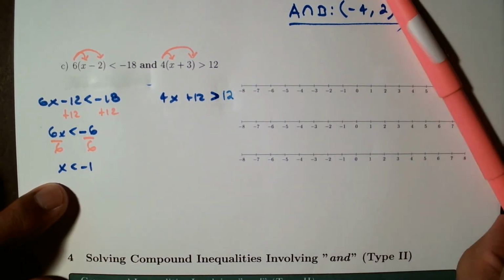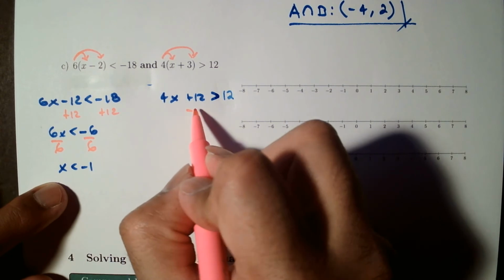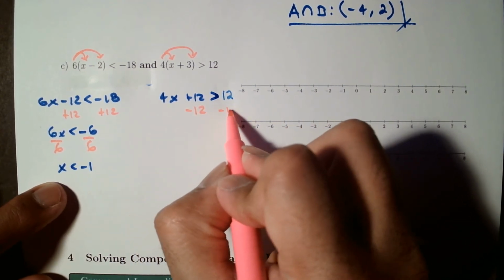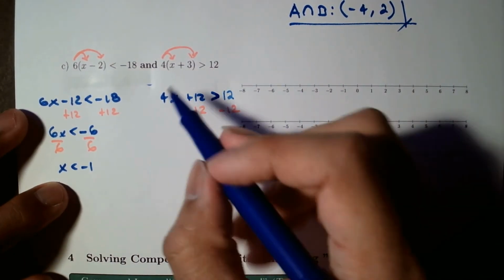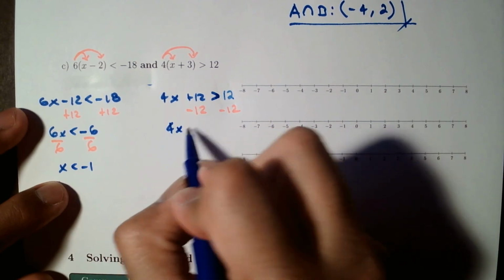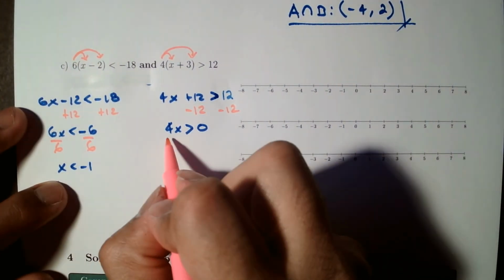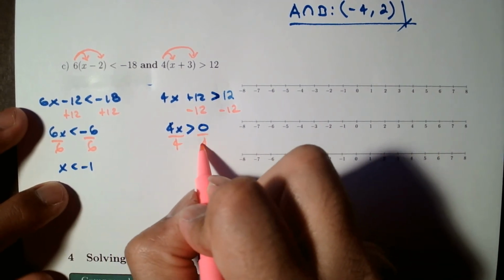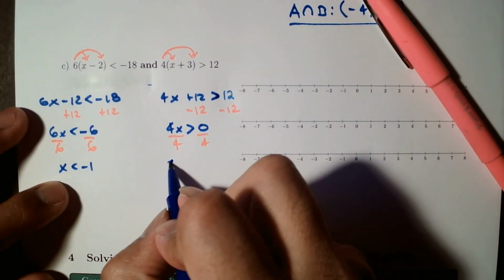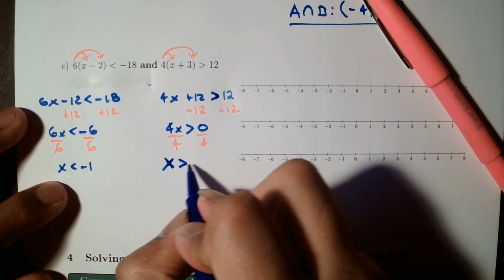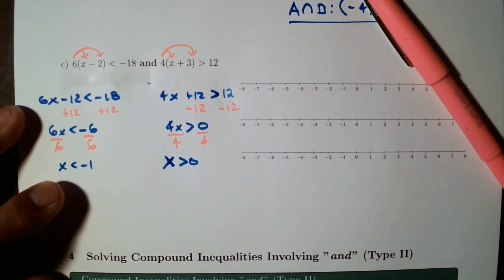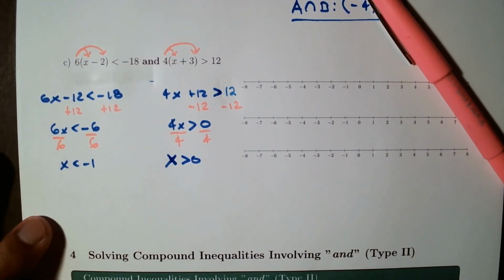And that's our first set. Let's look at the second set. Subtract 12 from both sides to get 4x greater than 12 minus 12. That's a 0. And divide both sides by 4 to get x, not equal actually, x greater than 0. 0 over 4 is 0.